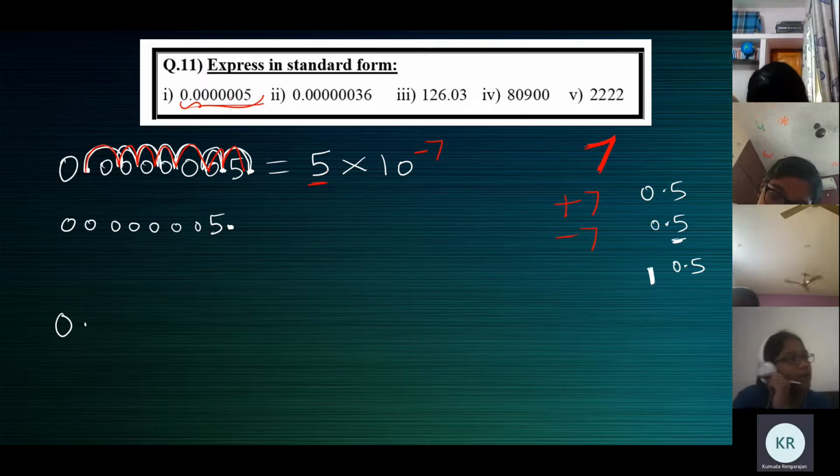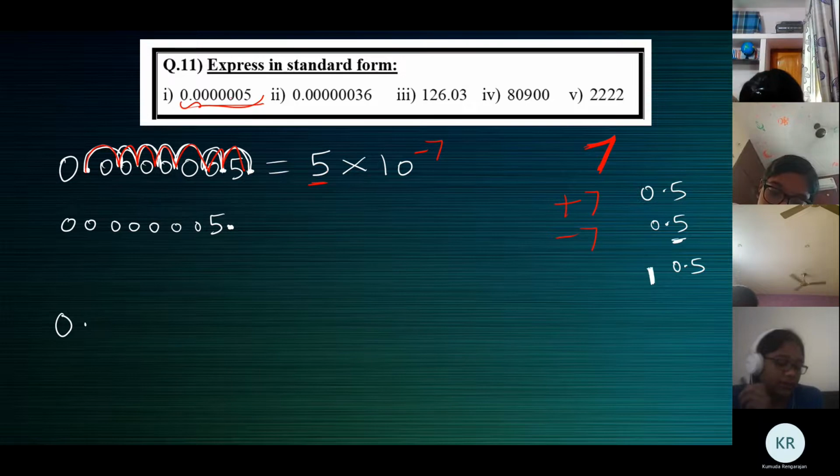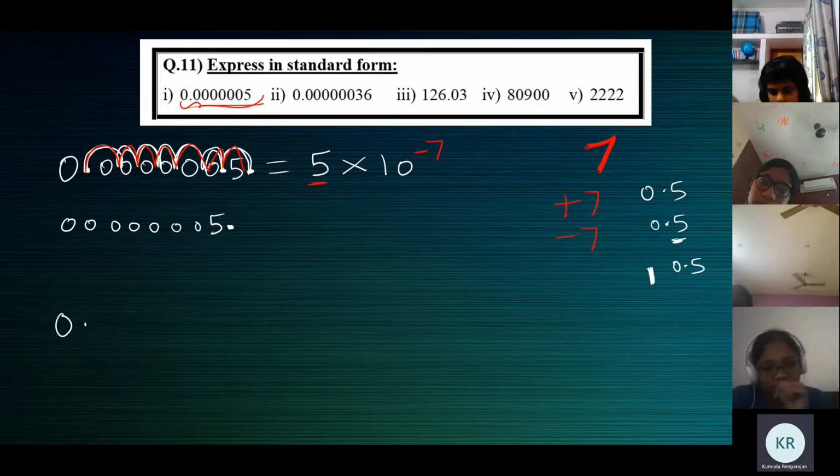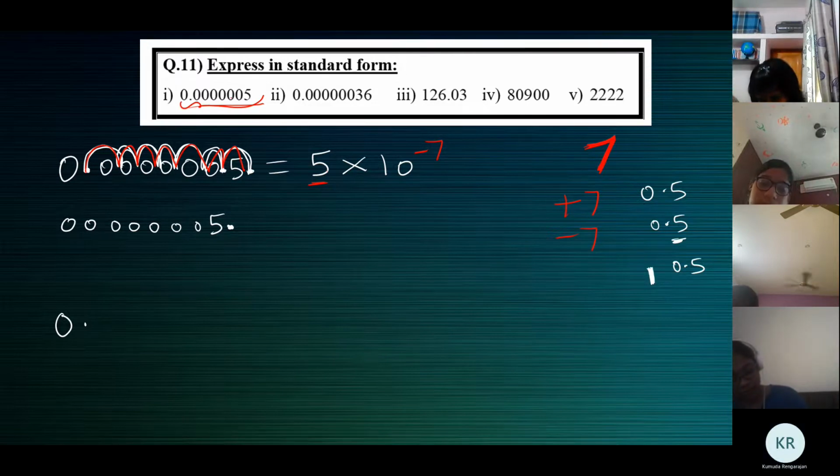If you have reduced the value of the given number, if you have made it small, then raise 10 to a positive power. Opposite effect. If you have made the number big, negative power. If you have made the number small, positive power.